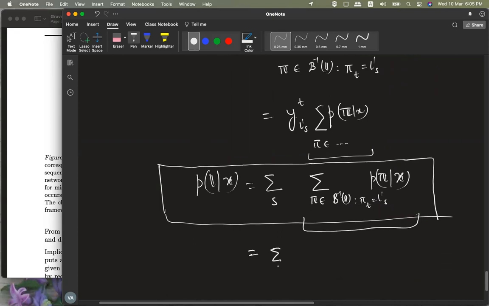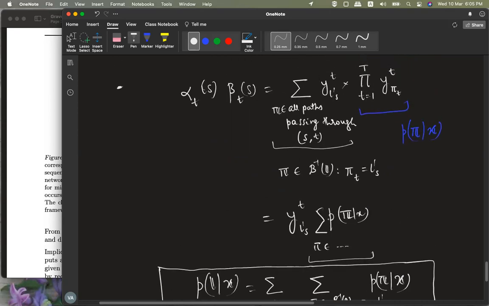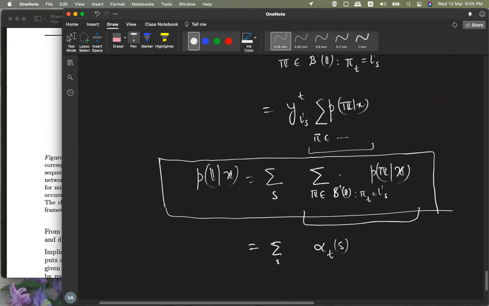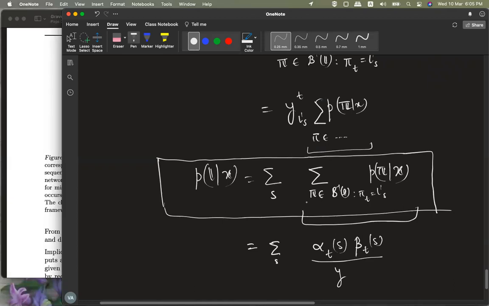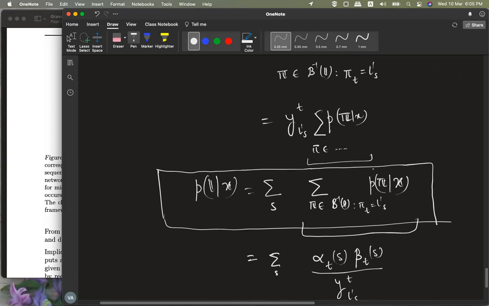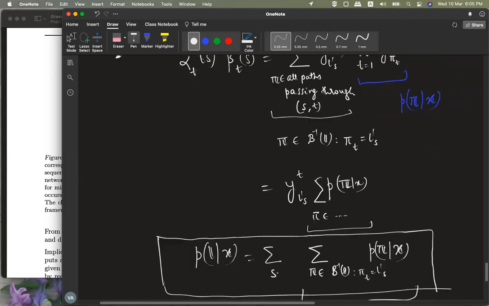So this is the summation over s of alpha_ts, beta_ts, upon y, what was it, l' of t. This term was from this equation.